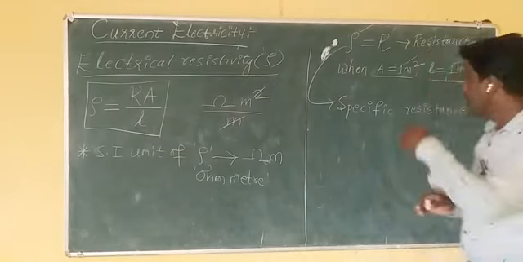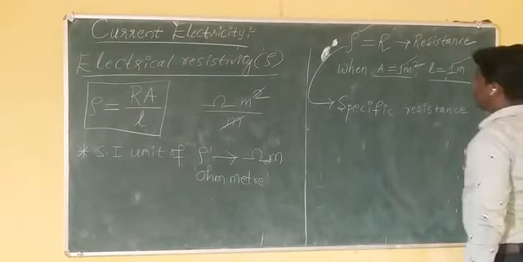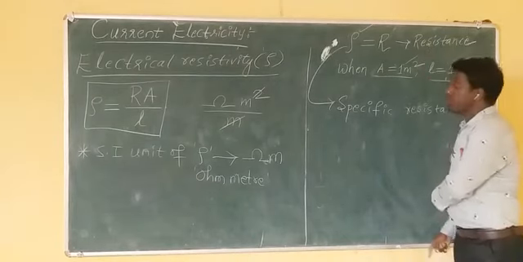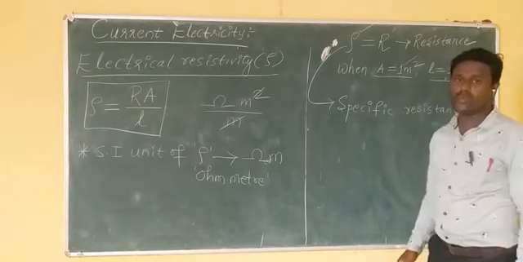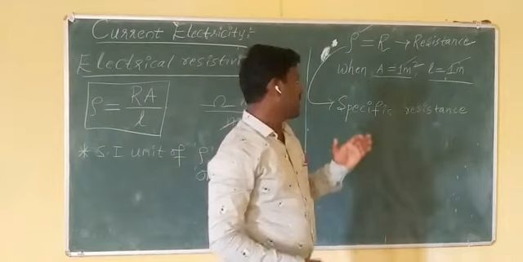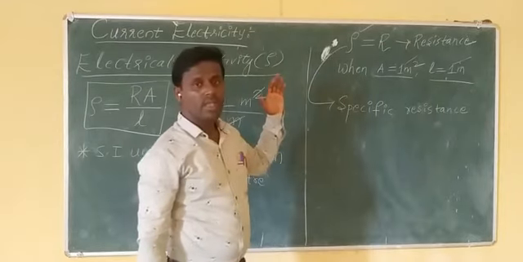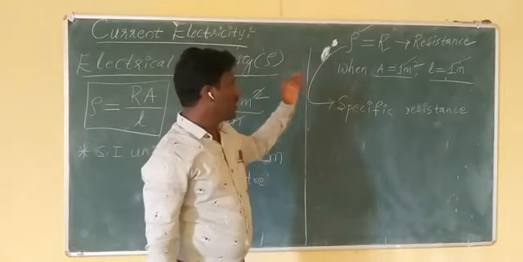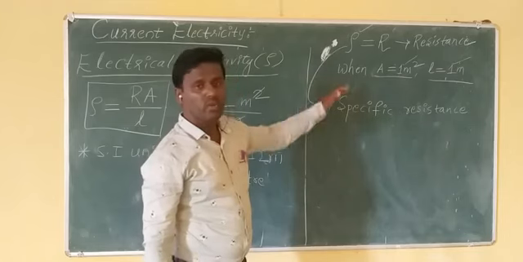So here, how to define the specific resistance or electrical resistivity? Electrical resistivity of a conductor is defined as the resistance of the wire for unit area and unit length.